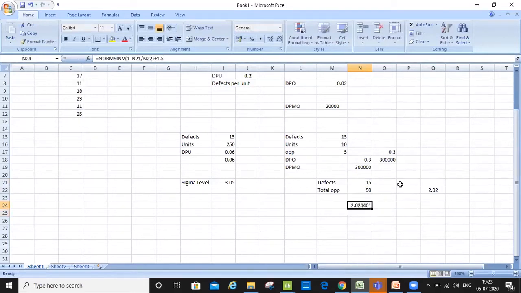Absolutely, so it is 2.02. That's how you'll be able to look at it. If you know the total number of defects and the total number of opportunities or total number of units, you can calculate the current sigma level using this formula also. And as I said, there are two ways to do it.